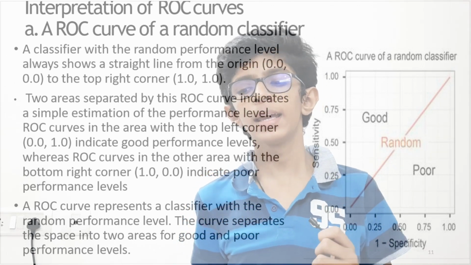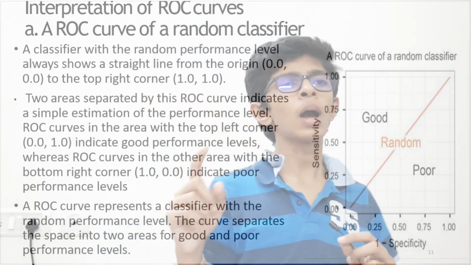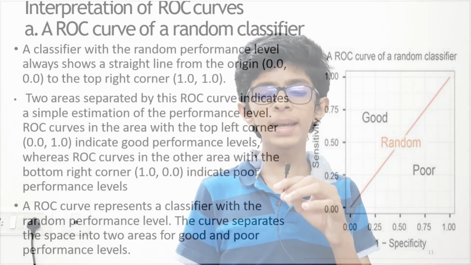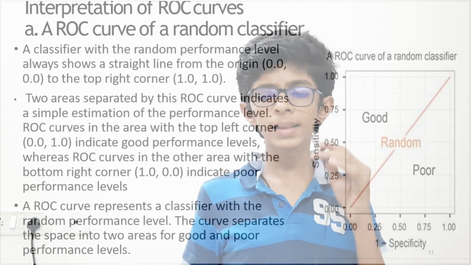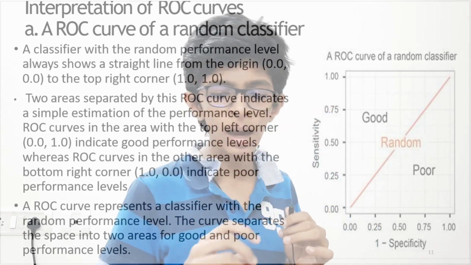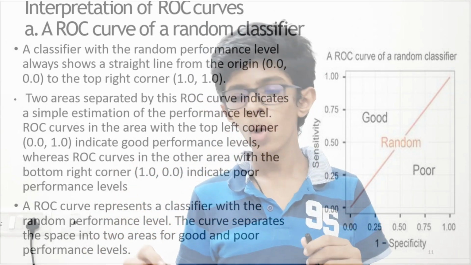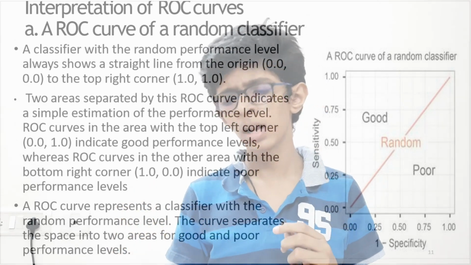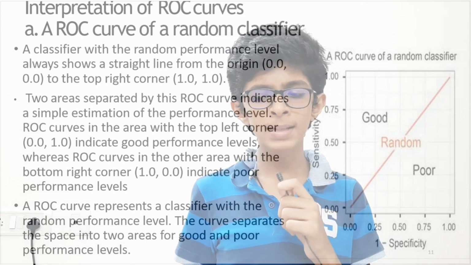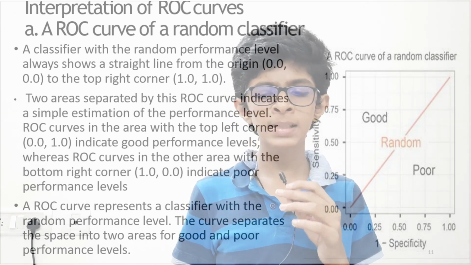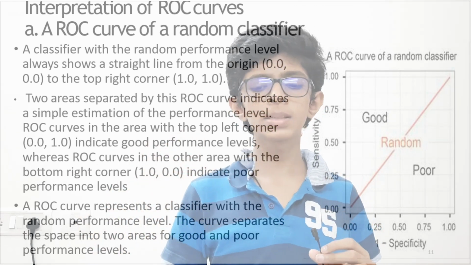A ROC curve in the area with the top left corner 0.0, 1.0 indicates good performance levels, whereas a ROC curve in the other area with the bottom right corner 1.0, 0.0 indicates poor performance level. This ROC curve represents a classifier with random performance level. The curve separates the space into two areas for good and poor performance level.